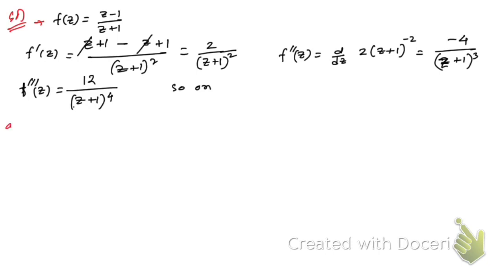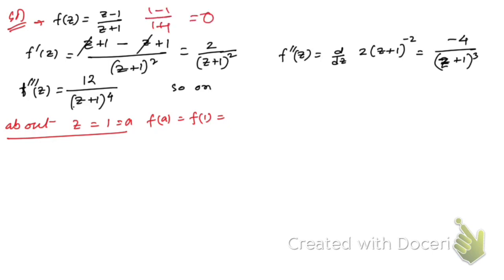So now we need to find the series about z is equal to 1, right? What's going to be the value of this function? f of a, where a is 1, so f of 1 is going to be equal to (1 minus 1) by (1 plus 1), that's 0.